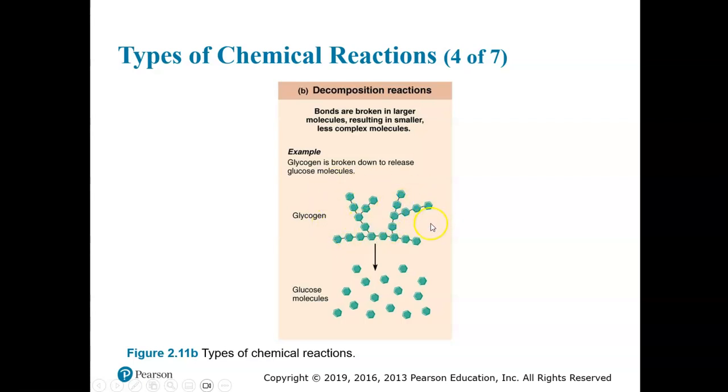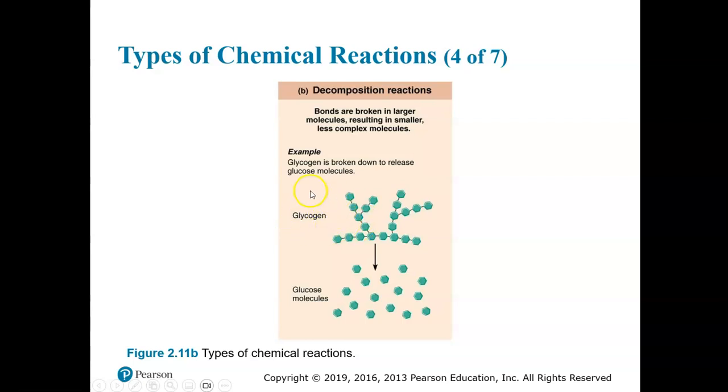glycogen, which is the storage form of glucose in our liver cells and our muscle cells. Glycogen is just long chains of glucose, and it can form branches as well. Glycogen is also known as animal starch.